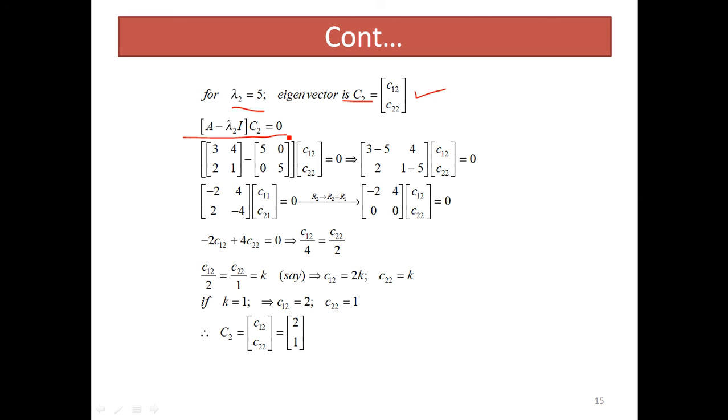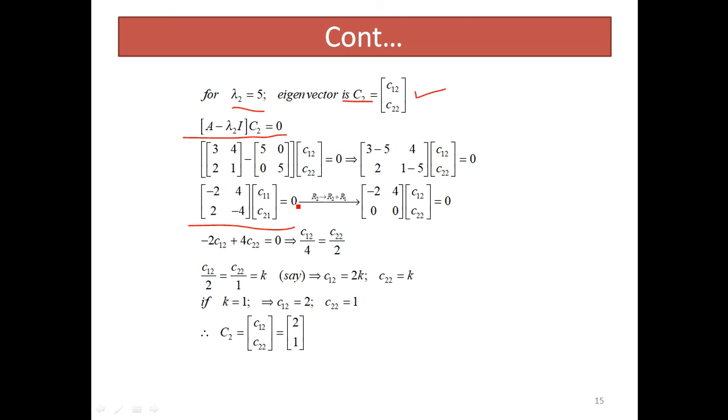So put the values, you would be getting this expression: minus 2, 4, 2, minus 4, times C12, C22 equal to 0.